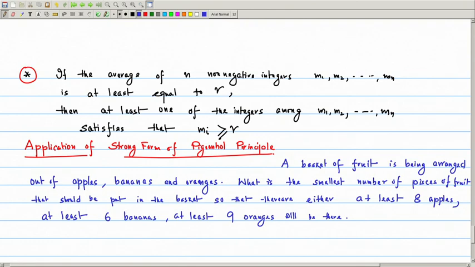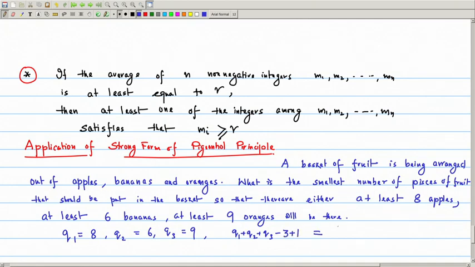Here we can apply the strong form of the pigeonhole principle. Here Q1 is 8, Q2 is 6, Q3 is 9, and I have 3 different types of fruits. So, the total number of fruits to be distributed is Q1 plus Q2 plus Q3 minus 3 plus 1.